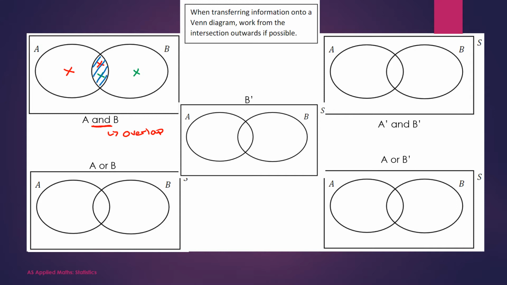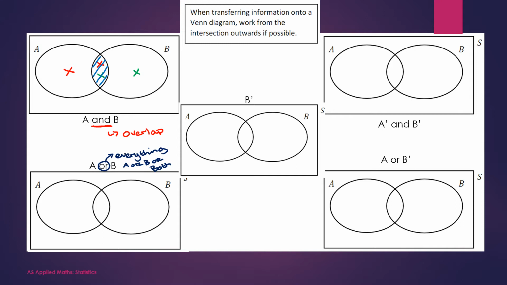When we are working with or, so when I'm looking at that word there, I want to consider everything. So what it actually reads as is A or B or both. And it's that or both I think that we sometimes miss. If they wanted it to just be just A or just B, the question would be very clear that that's what it was looking for.